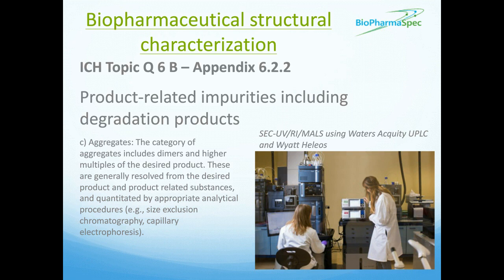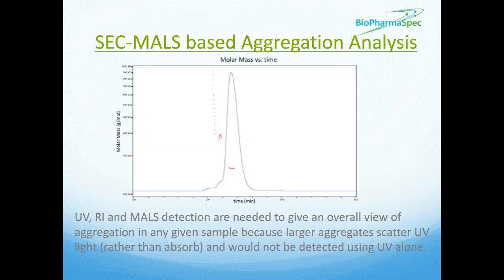Moving on, we recommend using SEC-MALS as our mainstay of biopharma spec-based aggregation analysis, and this involves a three-detector system coming out of an SEC column: UV, refractive index, and multi-angle light scattering detectors.